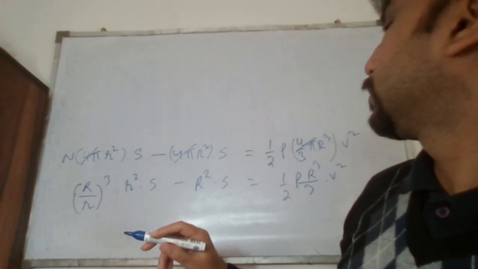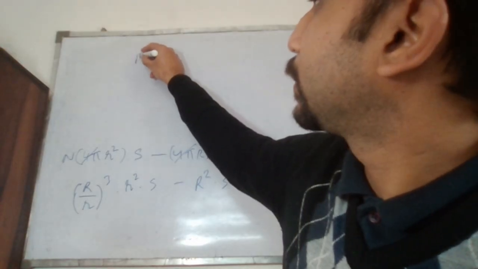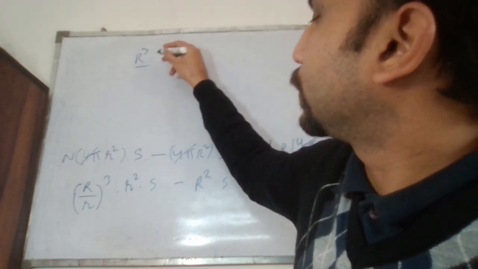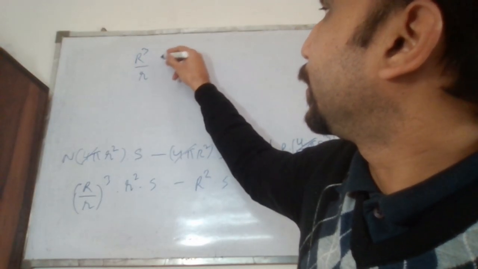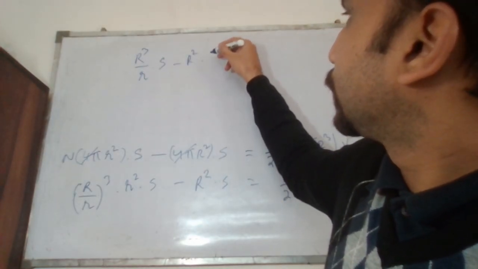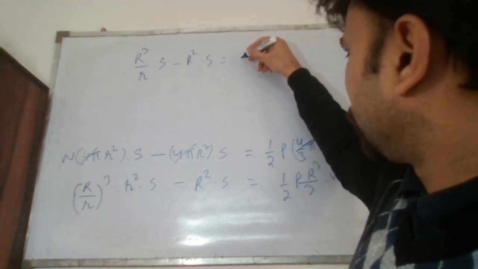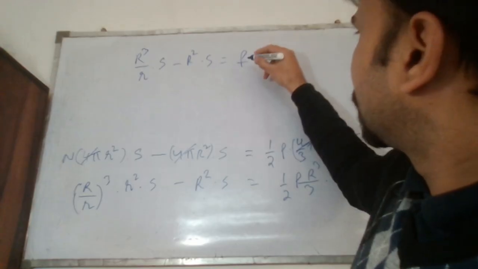So basically this would be R cube upon r into S minus R square into S is equal to rho by 6.